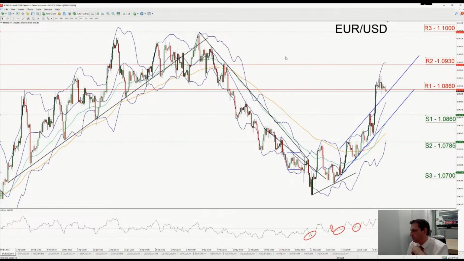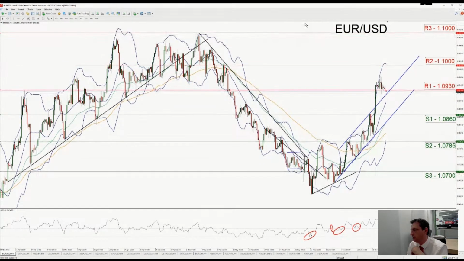First resistance line being placed at 1.0930. Second resistance line at 1.10. And final resistance line at 1.1090.